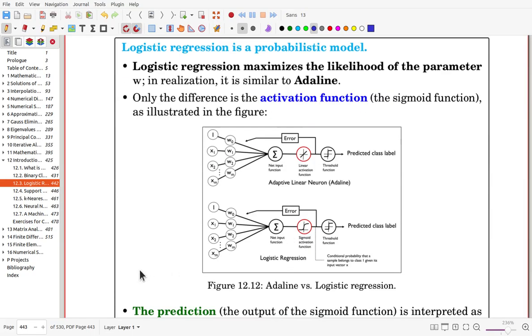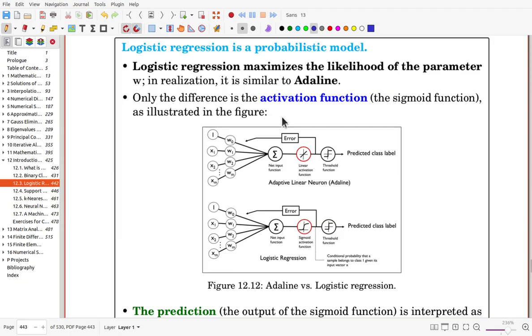The logistic regression can be considered as a probabilistic model. The logistic regression maximizes the likelihood of parameter W. In reality, the algorithm is quite similar to Adaline, the only difference is the activation function.